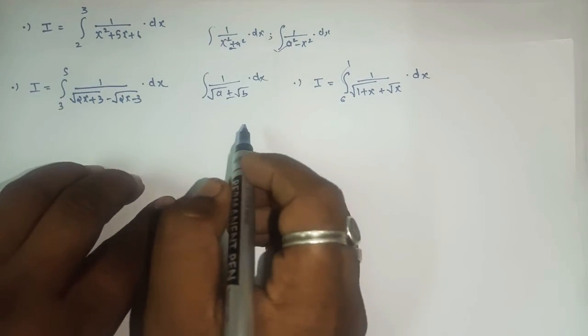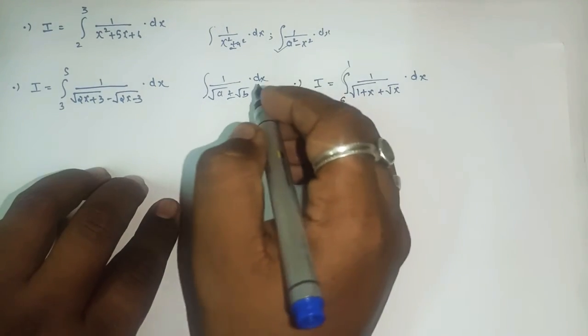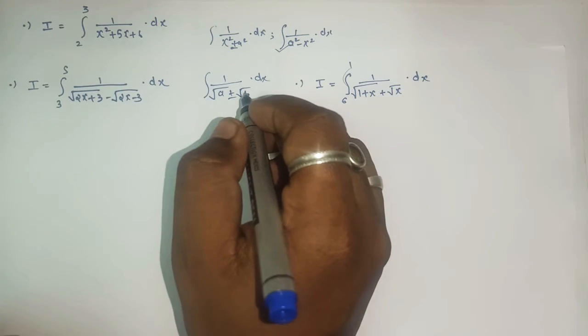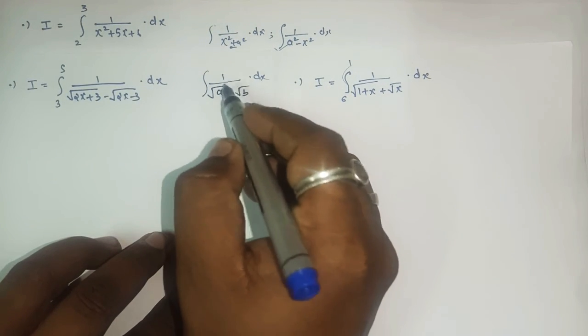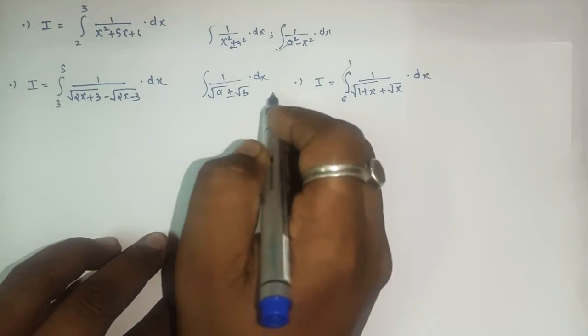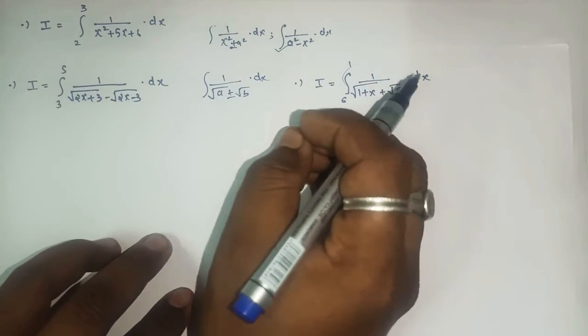So what will the first step be? Rationalize the denominator. We can clearly see that in the numerator we have 1 and in the denominator we have both terms inside the root. Whenever it is inside the root, simply rationalize.